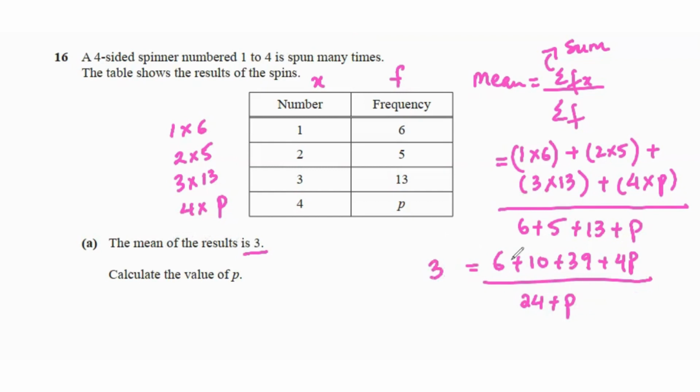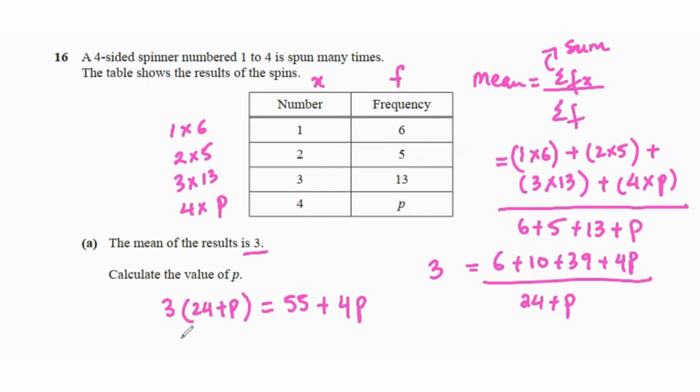So to find the value of p, I'm going to cross multiply. That's going to be 3 times (24 plus p) equals 6 plus 10 plus 39 plus 4p, which is equal to 55 plus 4p. Expand the brackets on the left hand side.